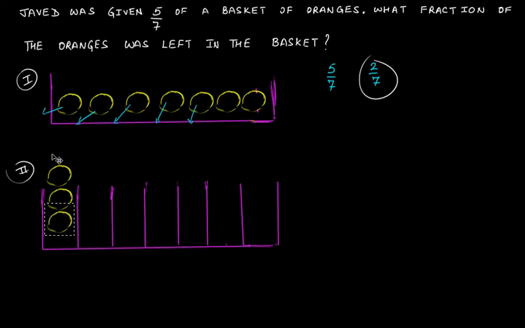Okay, 3 oranges in each one. 1 orange here, second orange here, third orange here, and like this all have oranges here. So I'm just extending these dots so that you can assume that we have 3 oranges in each portion. Okay, each portion contains 3 oranges.